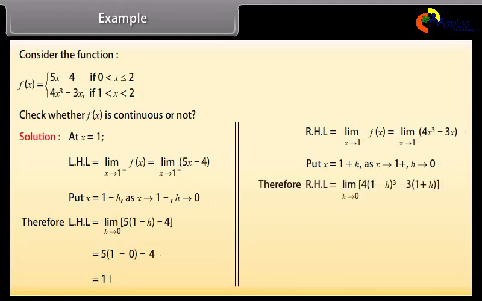Therefore, right-hand limit is equal to limit h approaches 0 of 4(1 + h)³ − 3(1 + h), which is equal to 4(1 + 0)³ − 3(1 + 0), which is equal to 1. f(1) = 5 × 1 − 4 = 1.